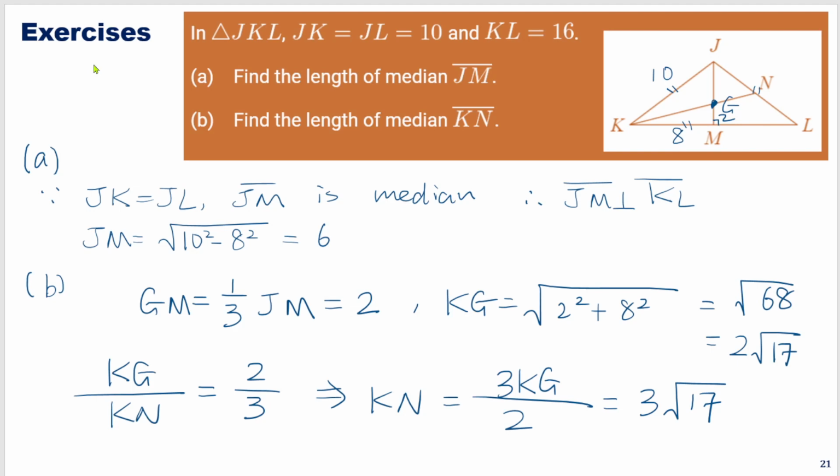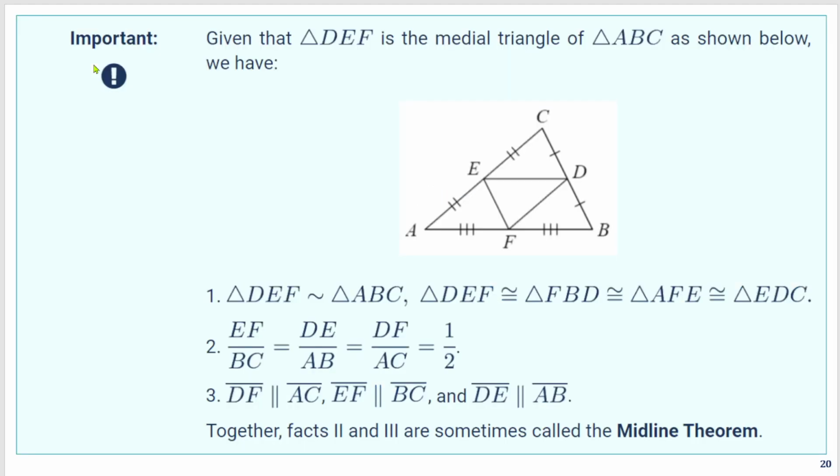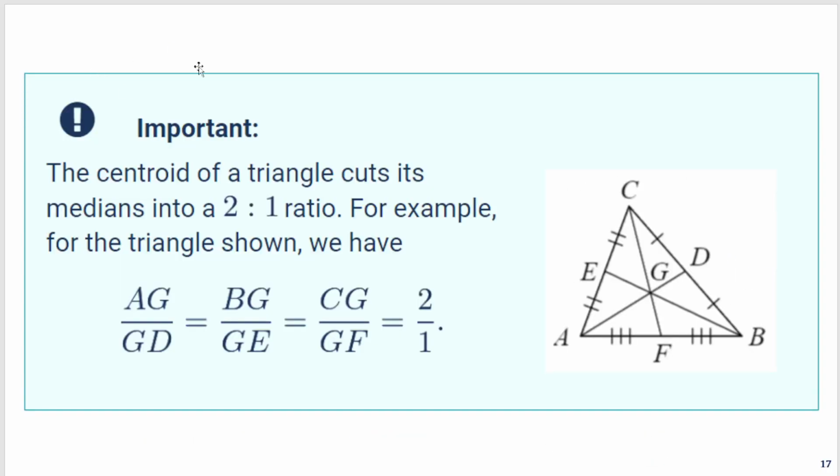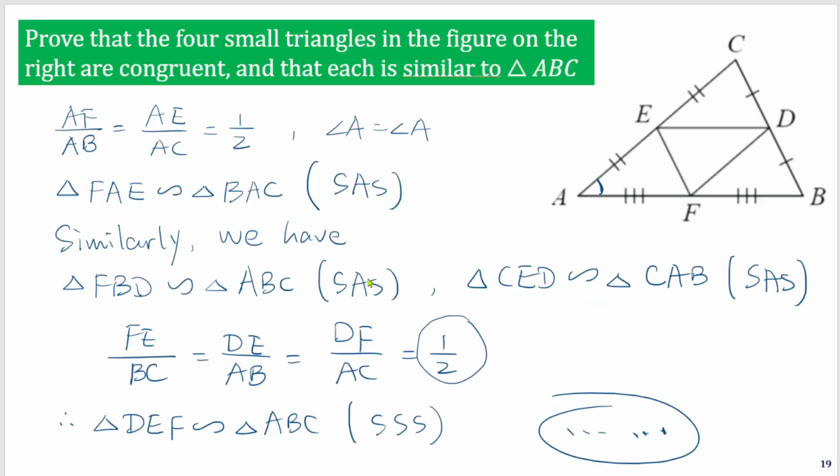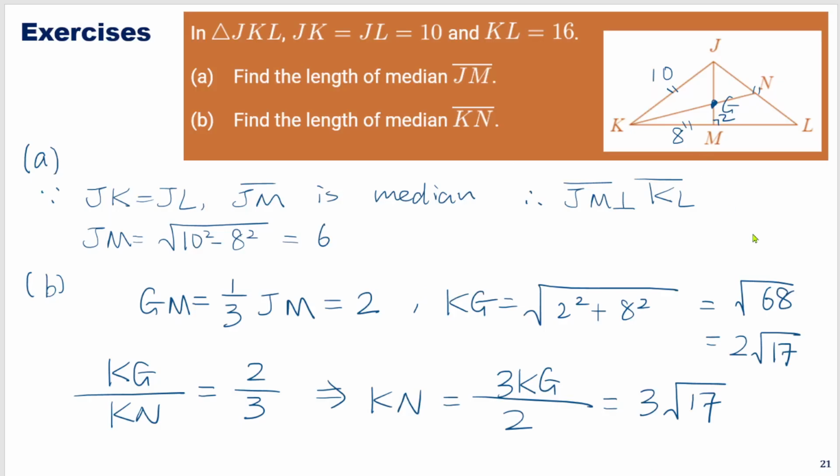Did you get it? We are using this property here: the centroid of a triangle cuts each median into a 2:1 ratio. Remember that? So once you have found JM is 6, then GM is 1/3 of 6, which gives you 2, right?